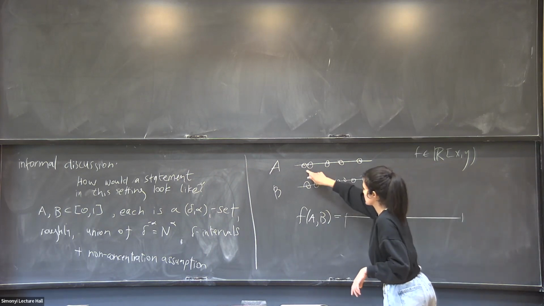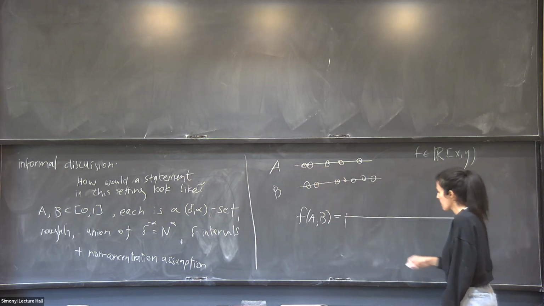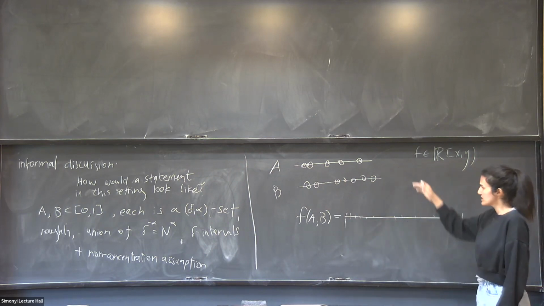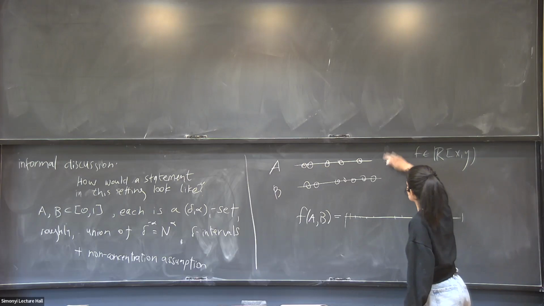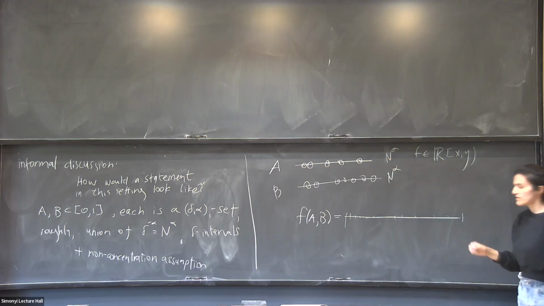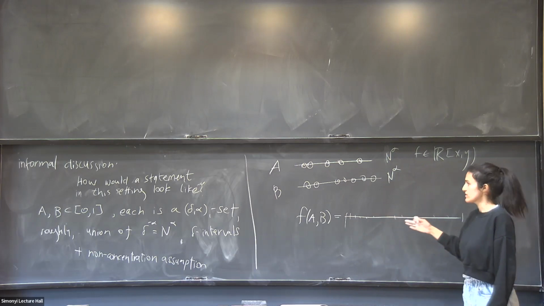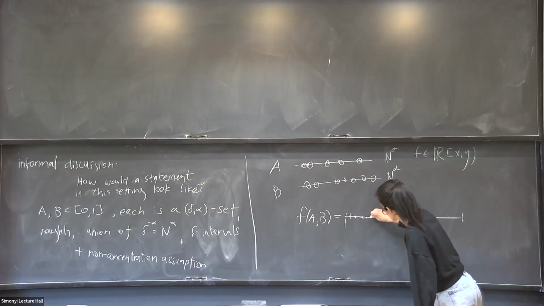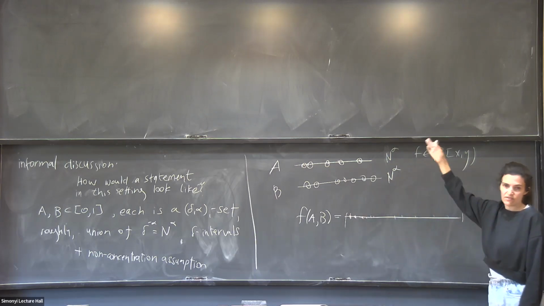So first, let's consider the centers. Okay? If f is not special, we have here n to the alpha points, n to the alpha points. If f is not special of this additive form, we know that the image of the centers will be large. So we know that the number of points in the image will be much more than n to the alpha.